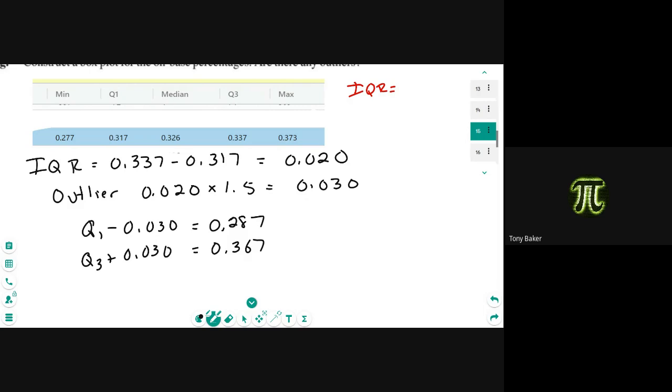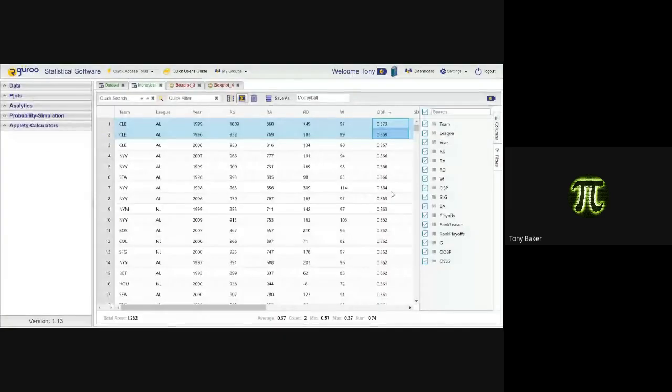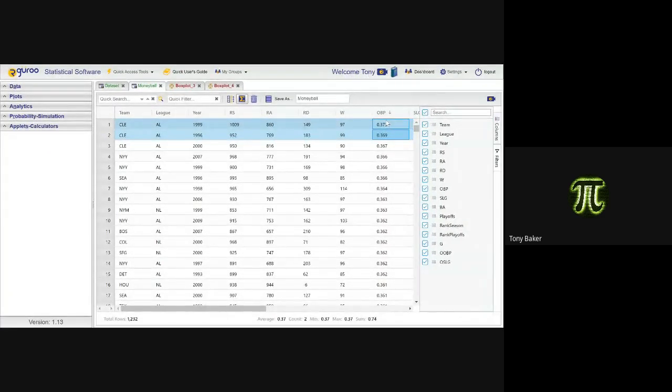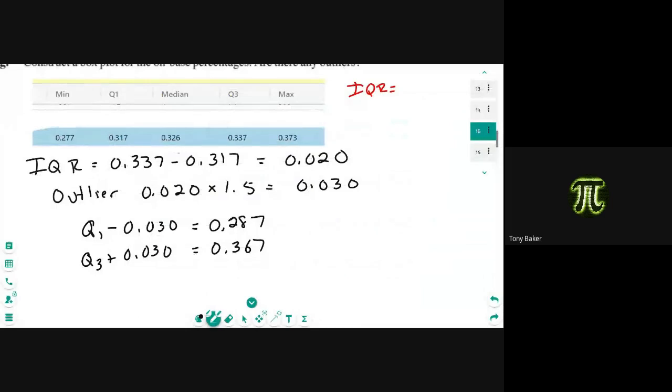That's who that was. If we look at the actual data points, those two are outliers in respect to all the rest of the data on the high end. We also have outliers on the low end because my minimum was below 0.287.